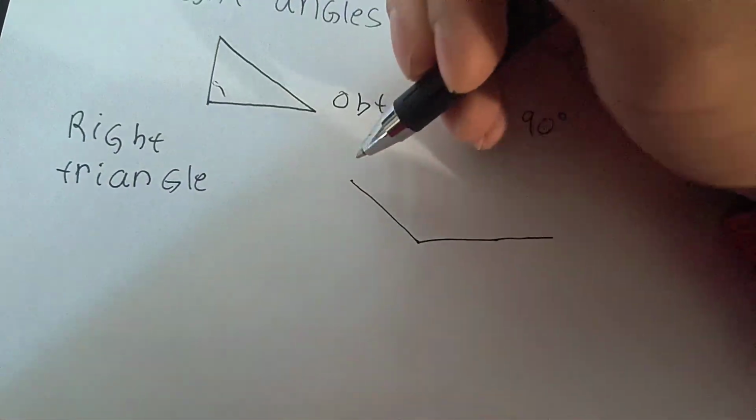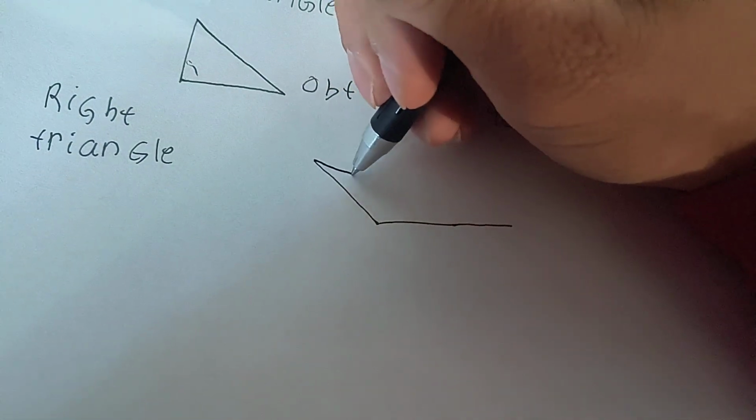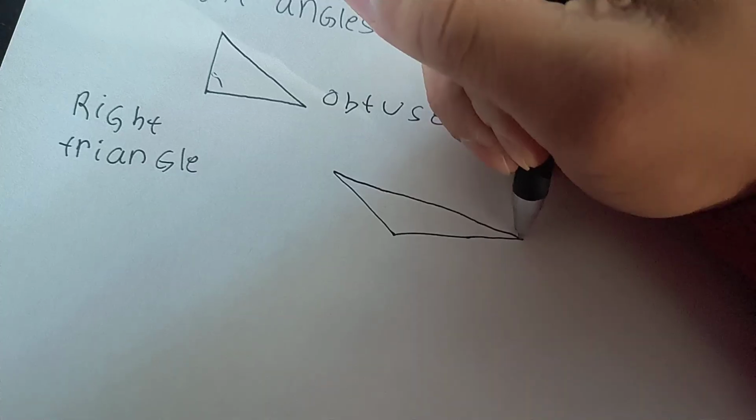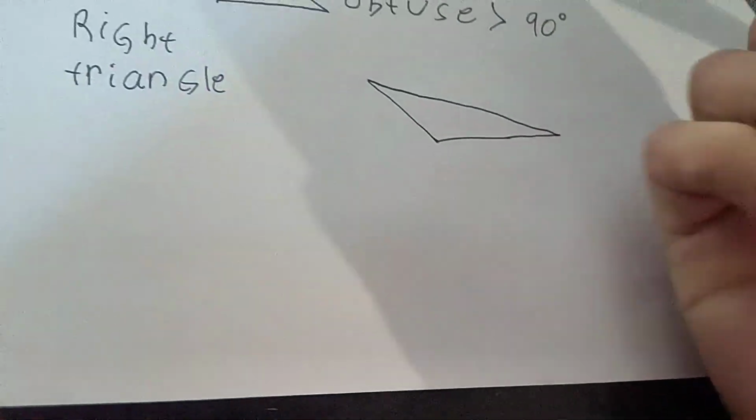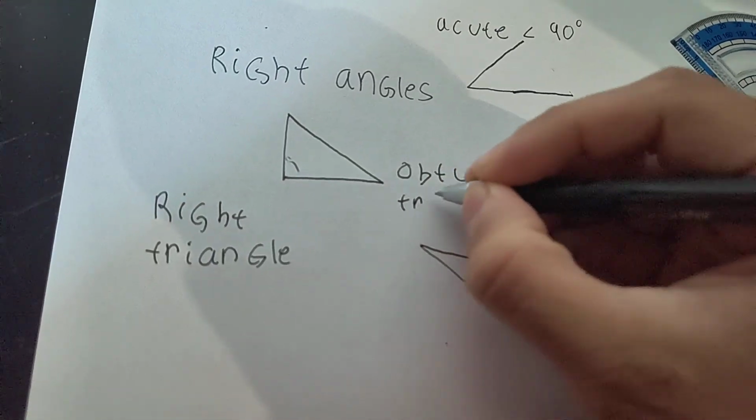A triangle with an obtuse angle, or an angle with more than 90 degrees, is called an obtuse triangle.